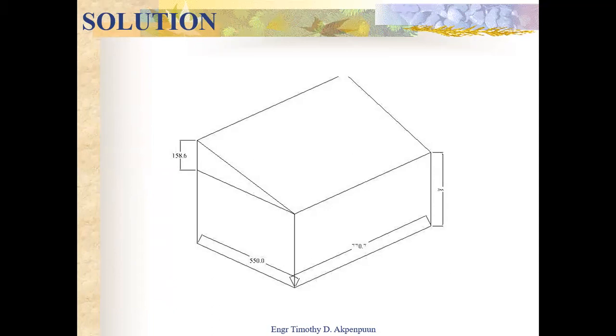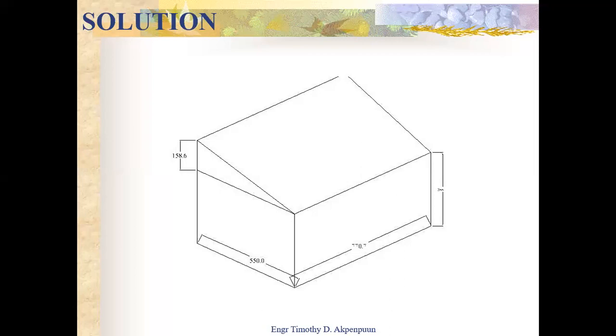Make this roof now a matchbox and you cut it across. You're going to have this shape. So the easiest way to calculate the volume of this kind of shape, just complete the matchbox.